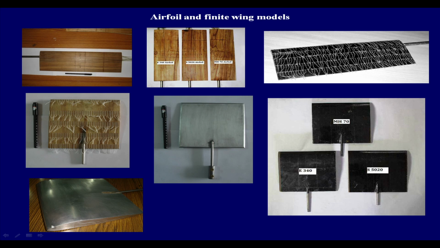If you claim that it is so and so section, but if your fabrication method has been erroneous in some sense, then you might not even have good enough accuracy of the mean profile that you have fabricated. Leave alone the minor undulations on the surface, which is the surface finish aspect.